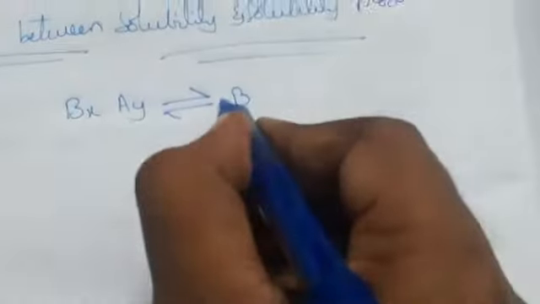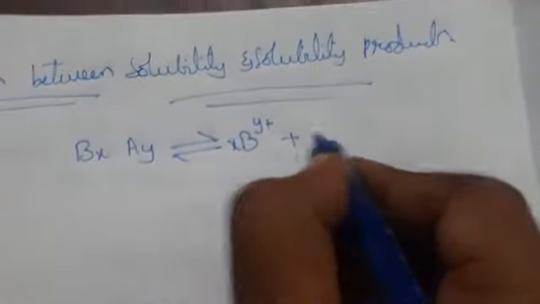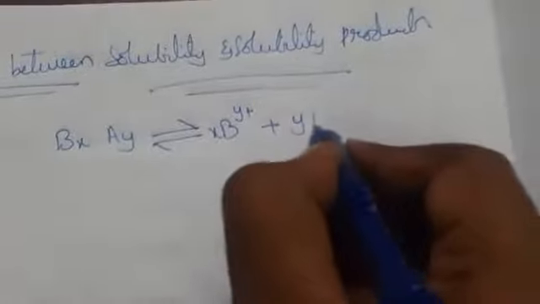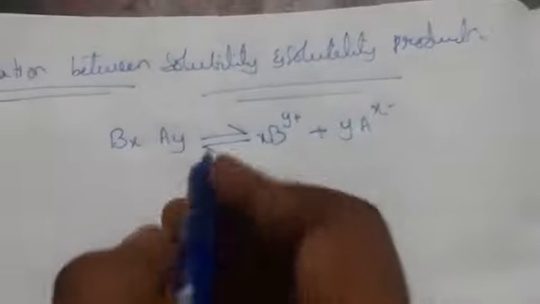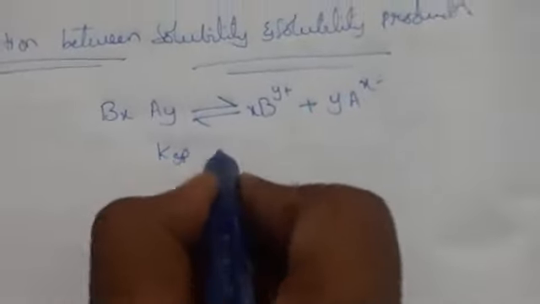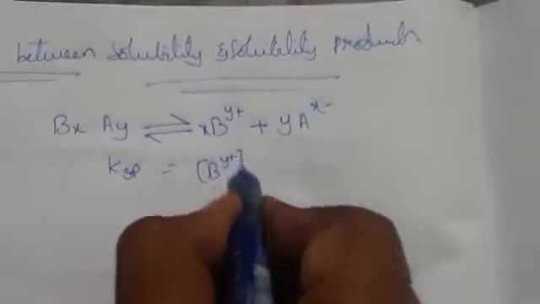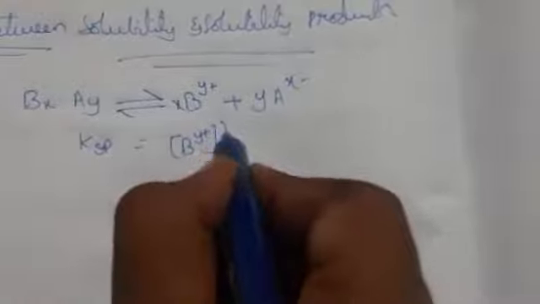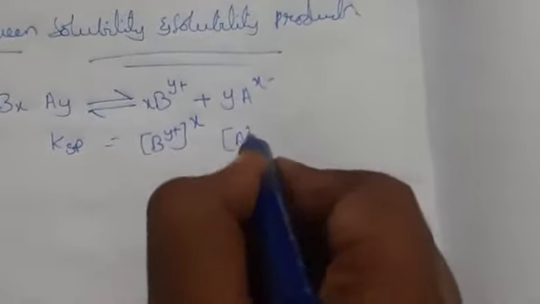It is giving x into By plus and y into Ax minus. So this is the equation we have got. So now how are you going to get the Ksp? You are going to get the Ksp as the concentration of By plus, the molar concentration raised to the power of the molar coefficients, then the concentration of Ax minus.